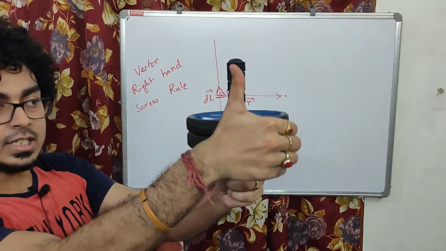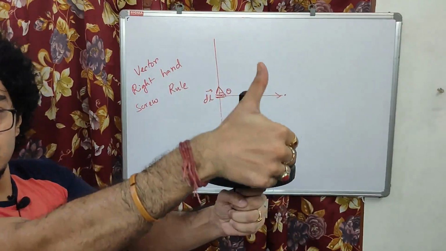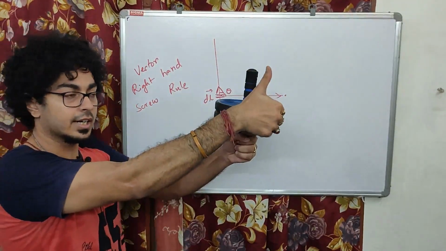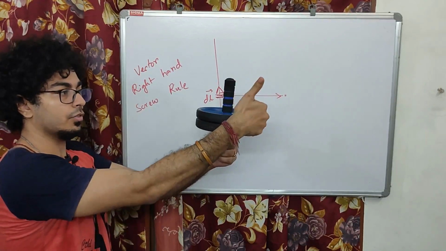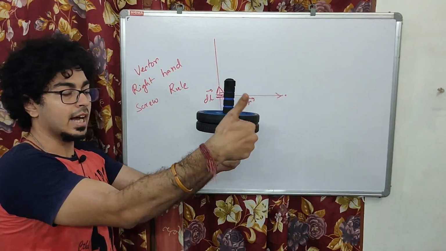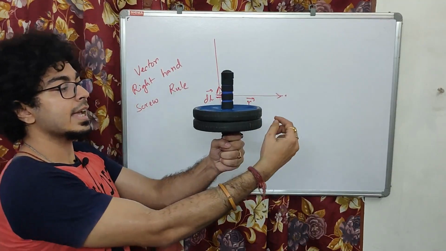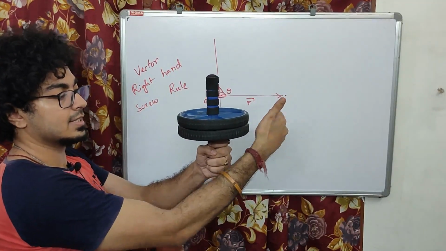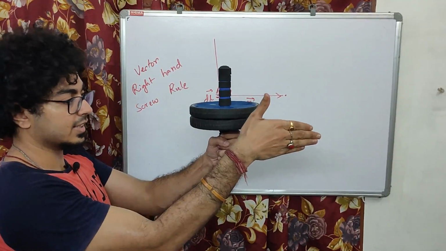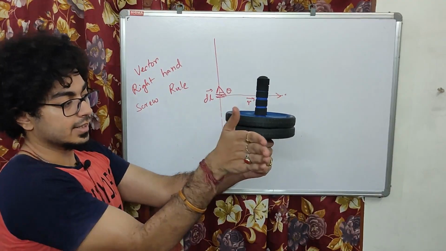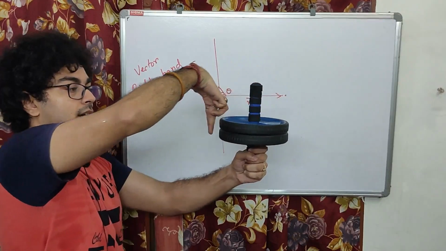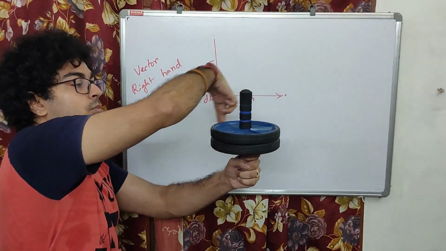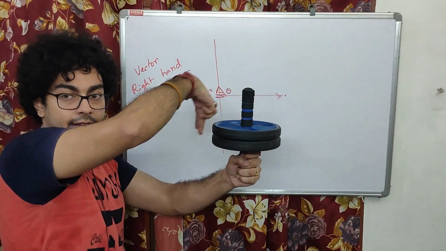When current is flowing like this, if your thumb is the current, then the curling of your fingers gives you the direction of the magnetic field. So at this point the magnetic field is directed this side, at this point the magnetic field is directed this side, and at this point the magnetic field is directed this side. Just understand this curl. This is how the magnetic field moves around the current carrying conductor.